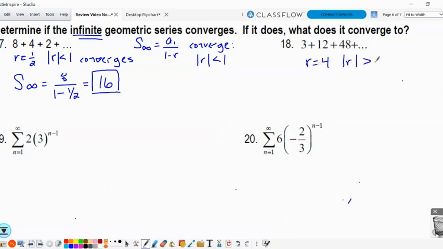Therefore, our common ratio is greater than 1. The series diverges, so we cannot find the infinite sum.